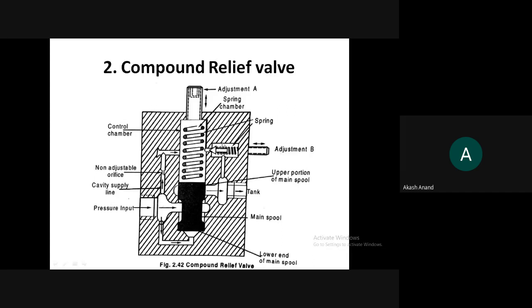So adjustment A and B together help to obtain the pressure controlling arrangement.